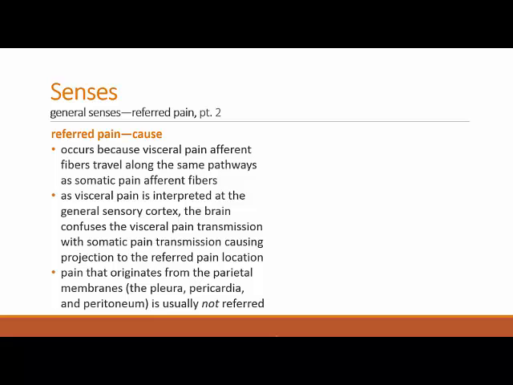And rather than projecting the pain back to the source, it projects it back to these referred pain locations. And it turns out that pain originating from visceral membranes can be referred, but usually the parietal membranes do not experience referred pain.